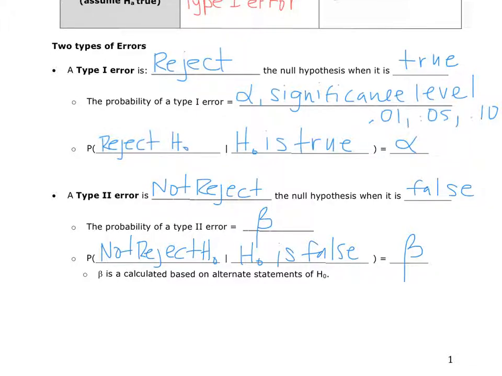Part of the reason it's not straightforward to write down an exact value for beta is that we have to choose alternate values for our parameter to equal in the null hypothesis, and then we calculate beta. So it's not just one value, it's one value associated with alternate statements of the null hypothesis, or our parameter equaling alternate values. So there's kind of an infinite number of values that beta could be.